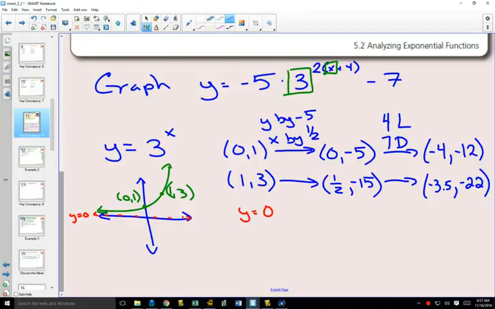When you have an asymptote on the x-axis, it's true if you have it on the y-axis too, but multiplying that y value, which is equal to 0, by anything won't affect that asymptote. The only thing that's going to affect a horizontal asymptote that starts on your x-axis is whether you move it up or down. In this case, we do move it down, so we can put a big arrow all the way over to here, and our asymptote will be at y equals -7.